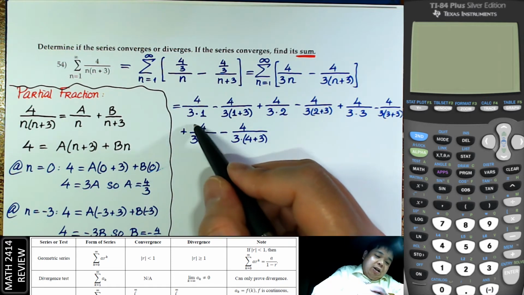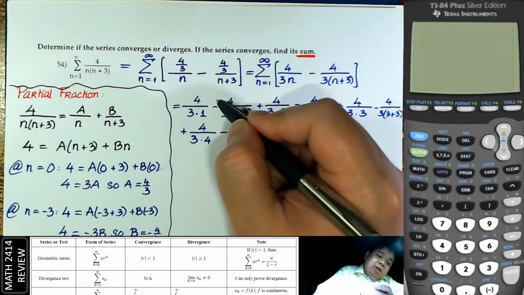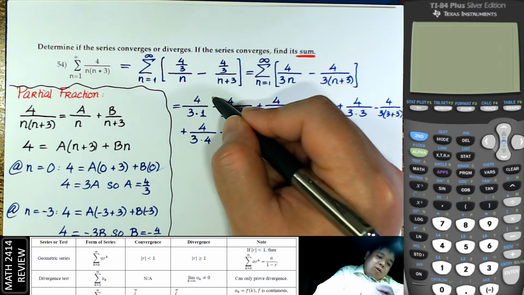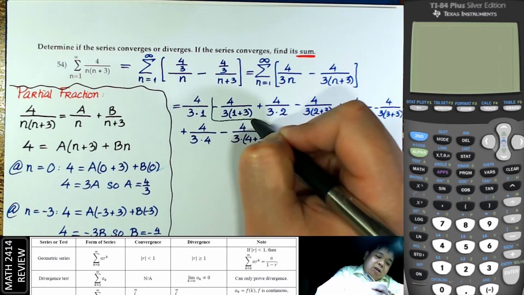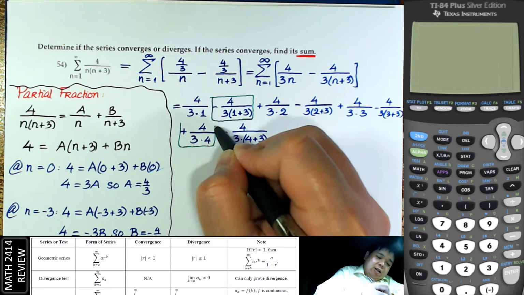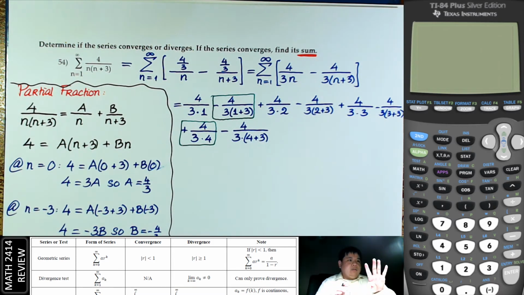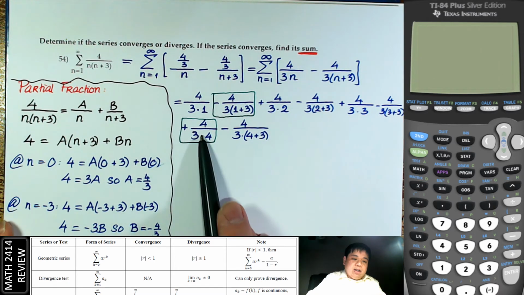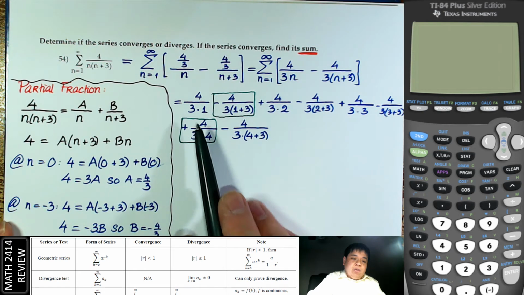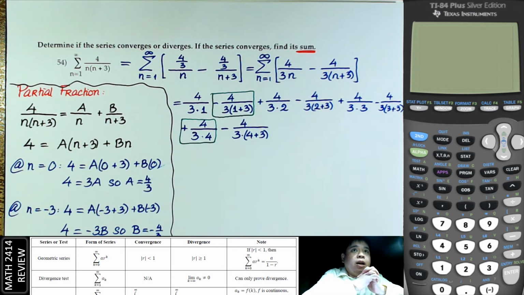This one cancels with this one, right? 1 plus 3 is 4. So I'm just going to put that in the box. And this cancels out. So for the first 4 terms, it will cancel out that. So 1, 2, 3 terms remaining here. That does not cancel with anything.